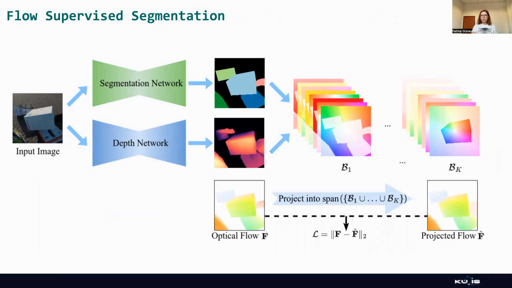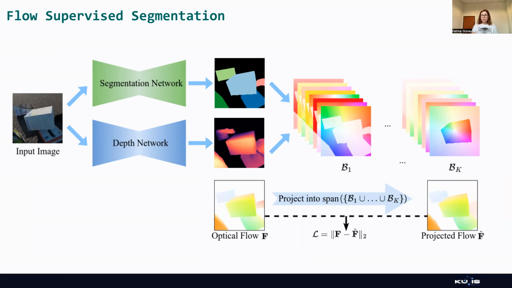It can be ground truth flow in the synthetic sequences, or it can be extracted using an off-the-shelf flow network such as RAFT. Then we project the given optical flow to the bases that we estimated from depth and segmentation. What happens is that if our predictions are accurate, then the projected flow should be close to the input flow. For training, our objective is to minimize the distance between the reconstructed flow and the input flow.